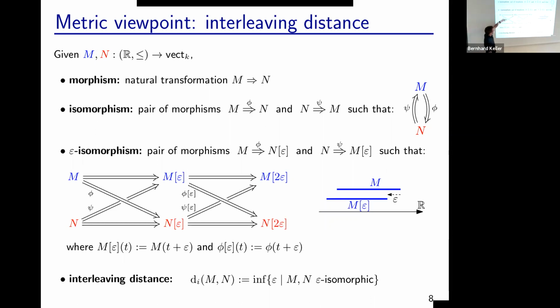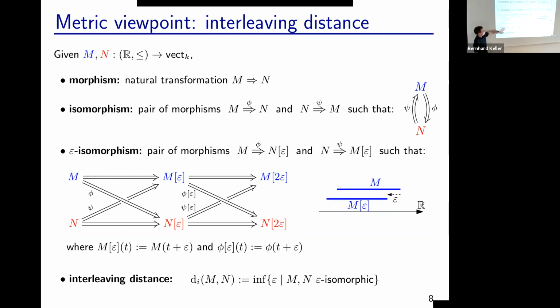I'm going to say that there is an epsilon interleaving between the two functors or the two modules, if and only if there are two morphisms, phi and psi, that take M not to N itself, but to a slightly shifted version of N, and that take N to a slightly shifted version of M, where the shift is given as follows. The shift takes the module and basically shifts it in the indices. It shifts it upwards in the indices by epsilon.